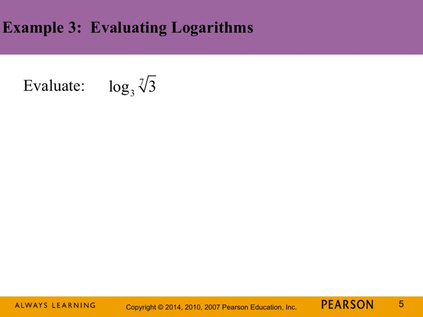Okay, so the last part of example 3, we have log base 3 of the 7th root of 3. And let's say that equals g. So to rewrite this in exponential form, that would be 3 to the g power equals the 7th root of 3.